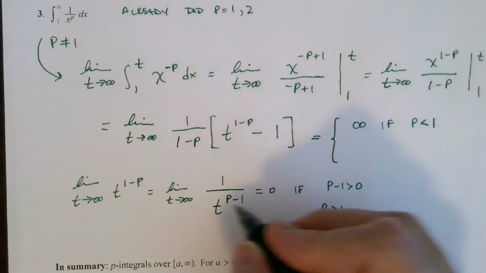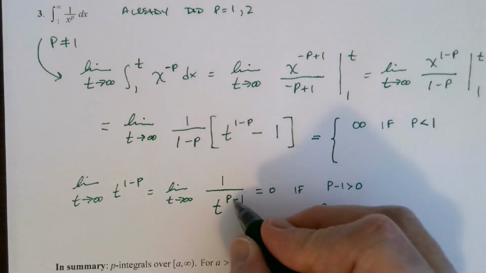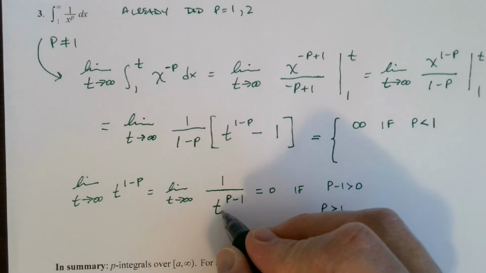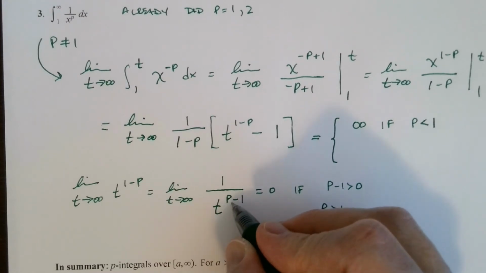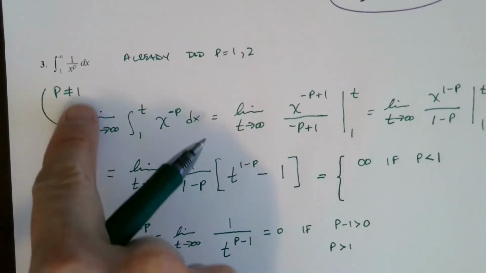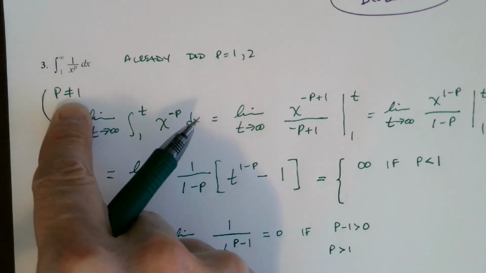If for some reason that seems strange to me, this should be infinity if p is equal to 1 as well. P is equal to 1. 1 minus 1 is 0. T to the 0 power is 1. Oh, never mind. We already covered that case. I'm being stupid. P is not equal to 1.